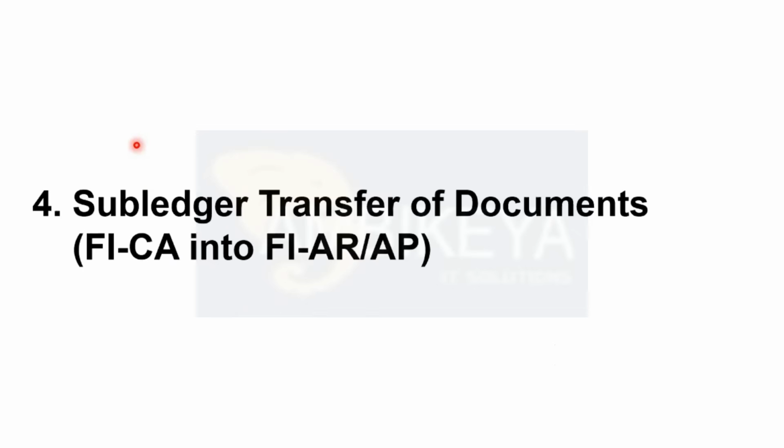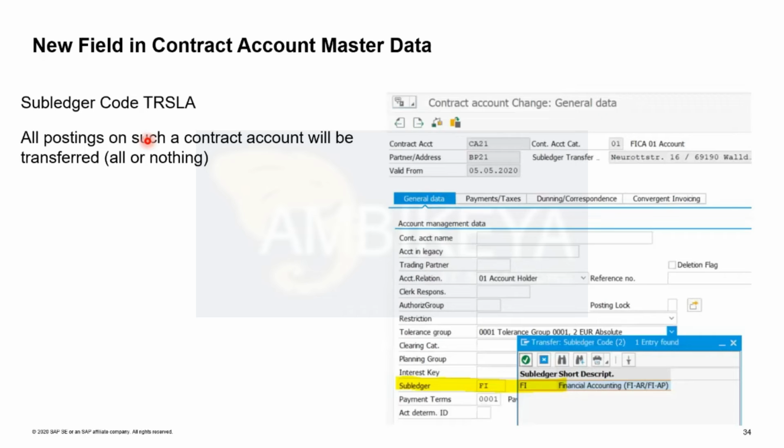Okay, so that's it for the machine learning part for SAP cache application. And now I come to the next topic, subledger transfer of documents. So we have a new functionality with which you can do the following.